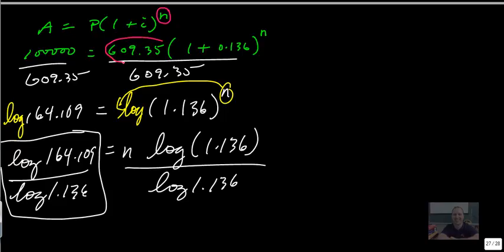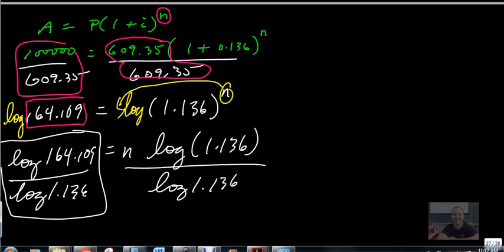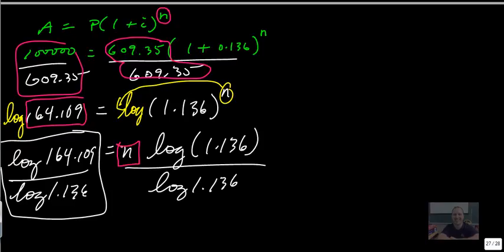We want to get rid of this first by dividing it off on both sides. Then you get this number when this is divided. To get this n down, we need to take the logarithm of both sides, from previous chapter's work. Once we do that, the n can come down. Here it is, right here. We divide off this log of 1.136, and n equals this value.